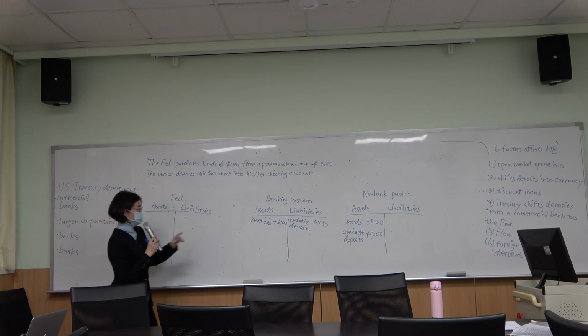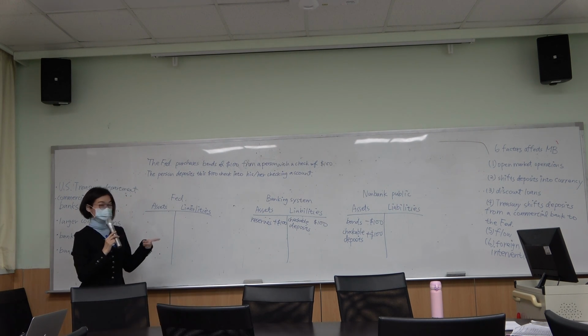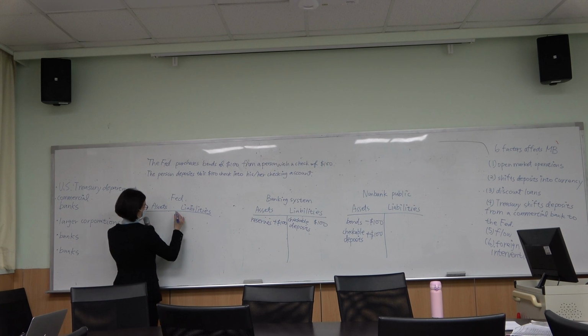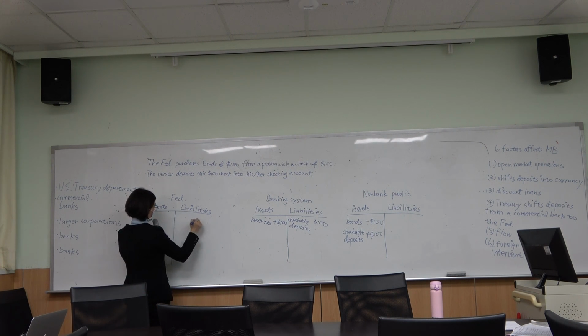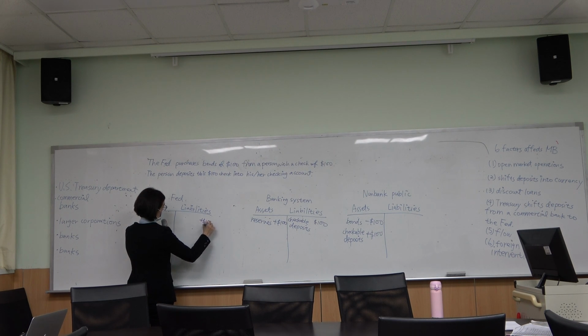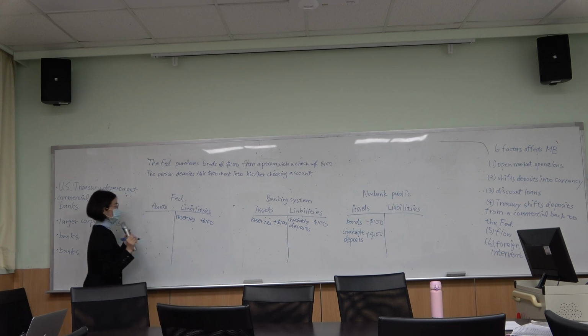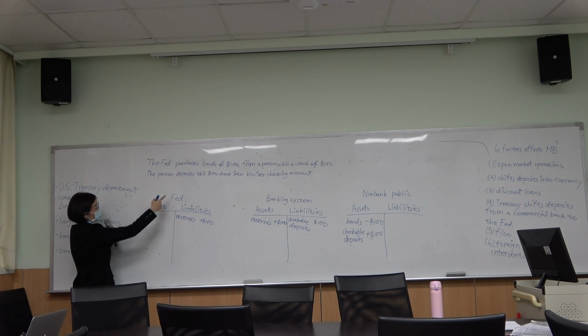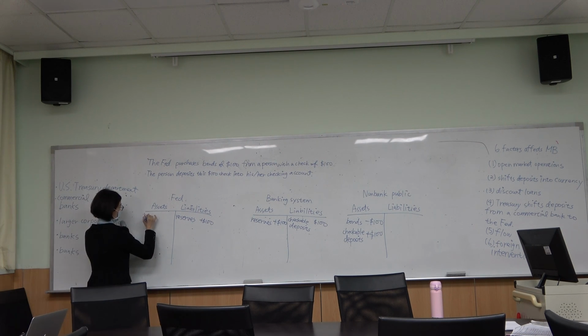This $100 more in reserves in the banking system will also be reflected in the Fed's T account. Then the Fed also finds itself with $100 more in reserves. Also, it now has $100 more in bonds.